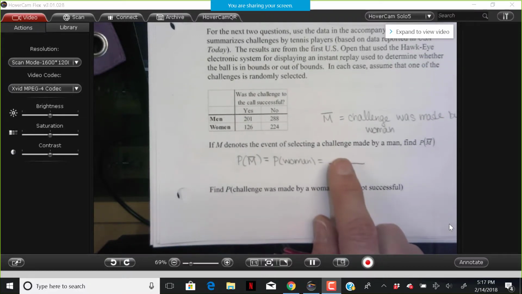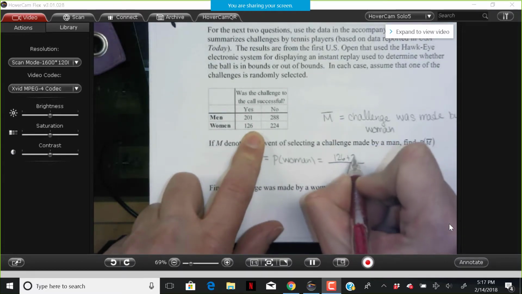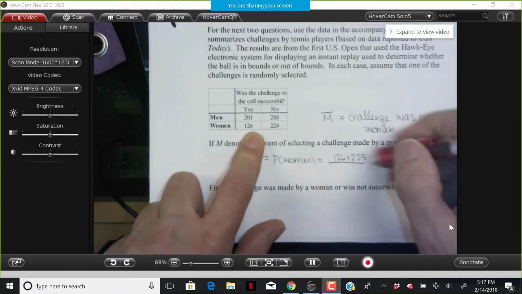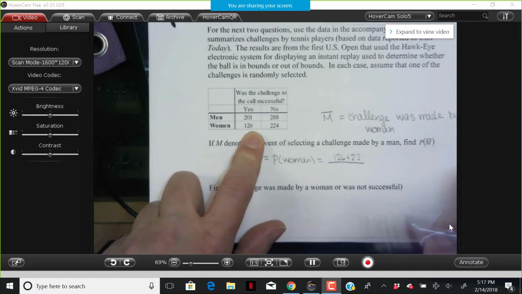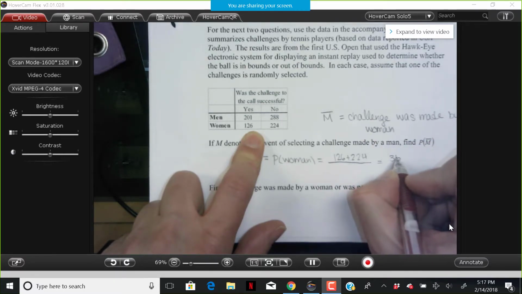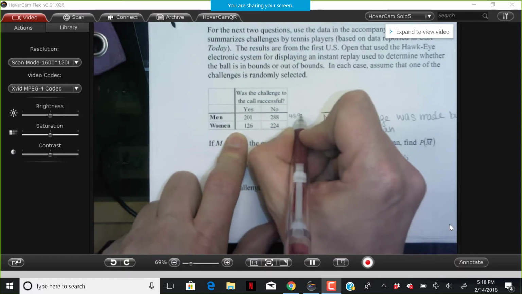So, right, 126 plus 224, 350? Okay, so these add up to 489.